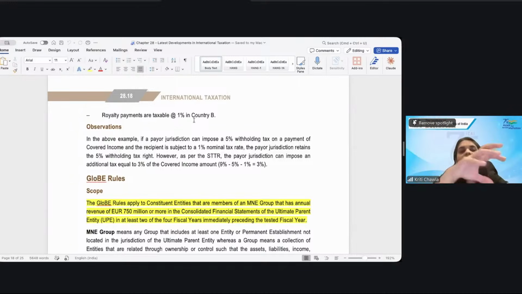Now, if STTR comes into place here, the payer jurisdiction can impose an additional 3% tax on the covered income amount. How 3%? Because the rate is 9%, 5% is already there, and 1% is already the nominal tax rate. So what is left is 3%. 9 minus 5 minus 1 becomes 3%. So under STTR they can impose an additional tax equal to 3% of the royalty payment.